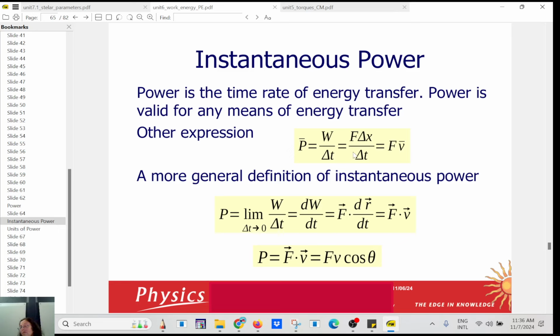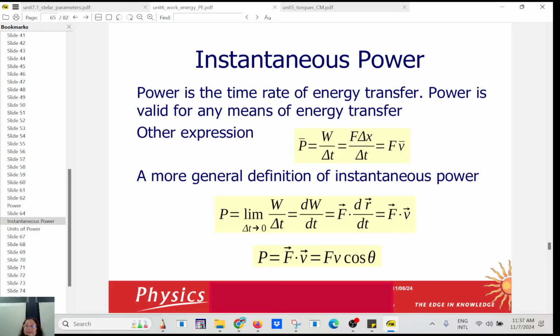And work is force times distance over time. And distance over time is what? Velocity, very good, delta x over delta t. So another definition for average power will be force, if the force is constant, times the average speed.